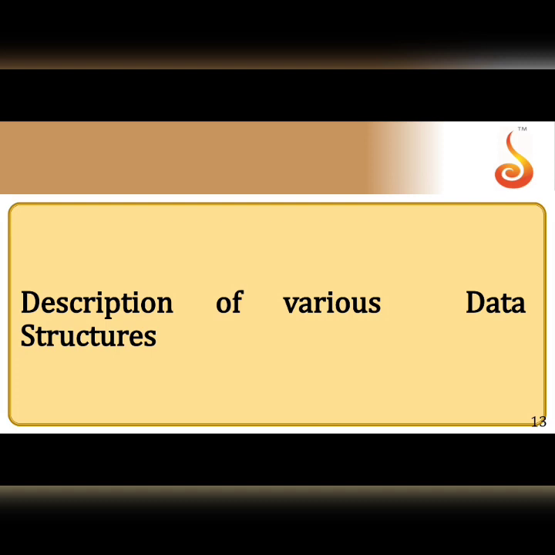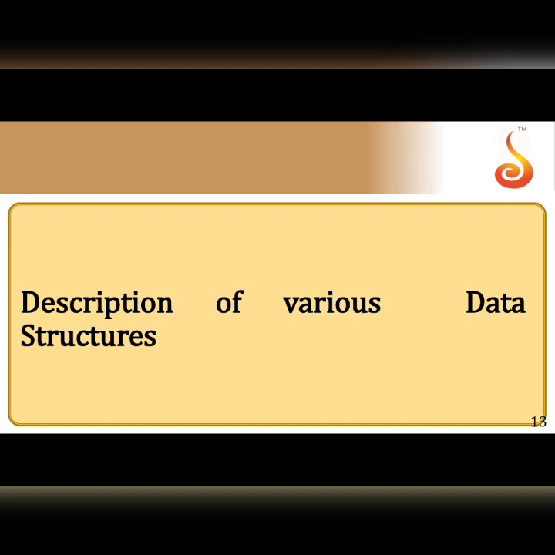So, we went through the objectives, then what are data structures, what are the advantages, and what are the classification of data structures like primitive and non-primitive. Again, what are primitive data structures and what are non-primitive data structures, how are they different, and the classification of non-primitive data structures, that is linear and non-linear.